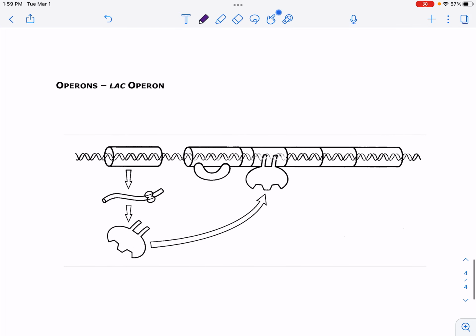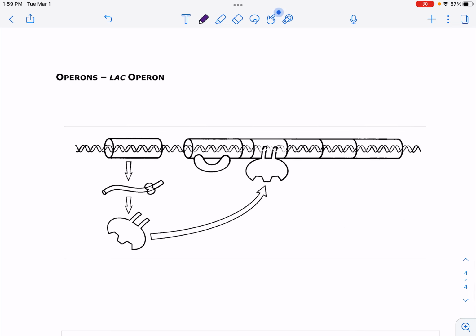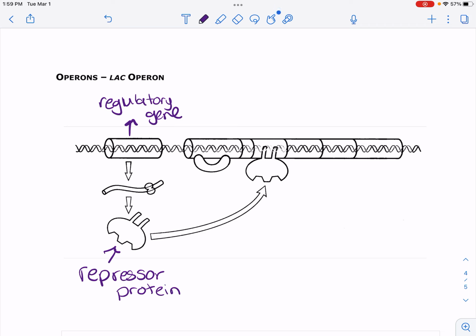Another classic example of an operon is the lac operon. So same things are happening here. It's just going to be a little bit different scenario. So this is called the regulatory sequence, or the regulatory gene. It codes for my repressor protein, but notice here, in this case, my repressor protein is activated.